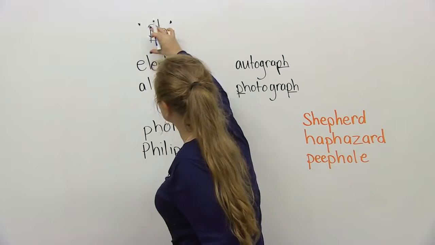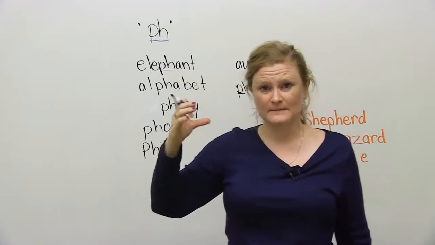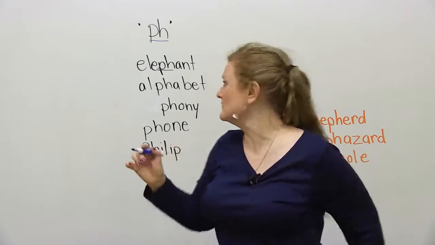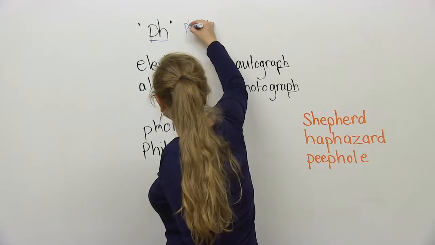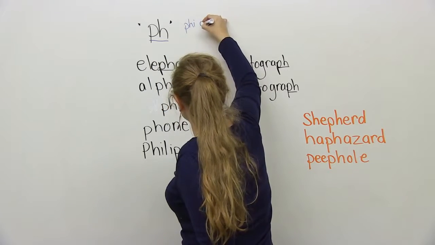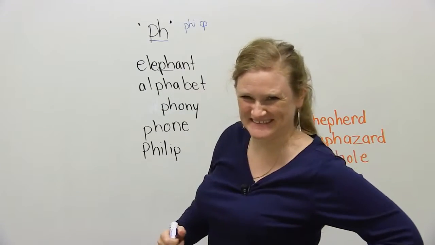This letter combination of the P and the H actually comes from the Greek language, and it was originally in Greek, PHI. I can't write Greek, but it might look like that. I can write Greek all of a sudden.